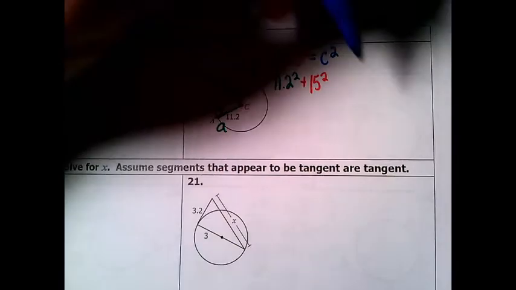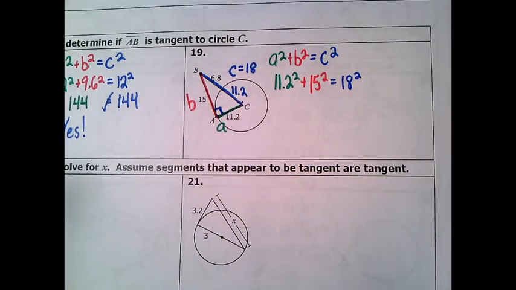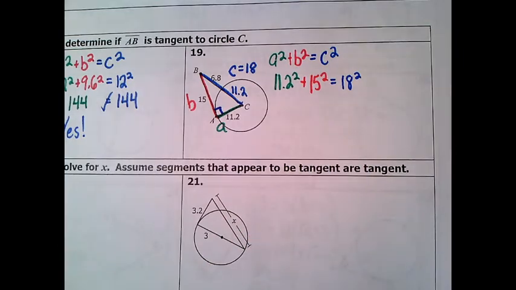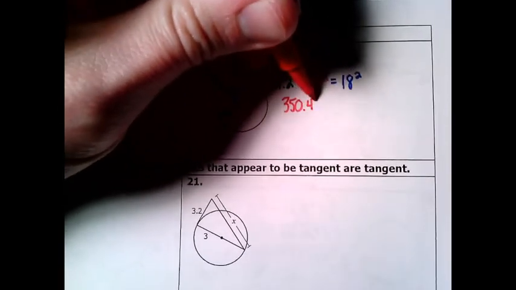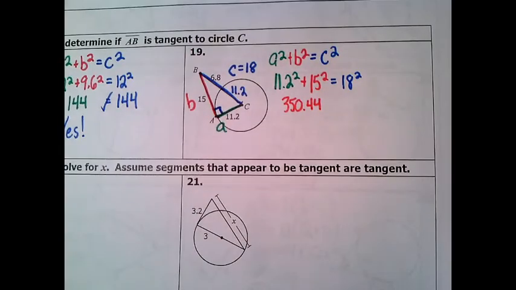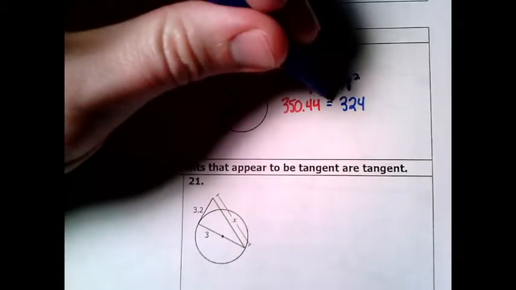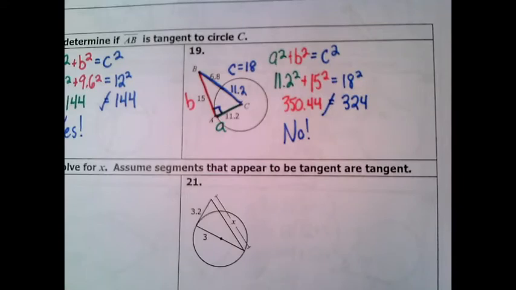Does that equal 18 squared? Oh gosh, it's a mystery. I don't know. When I square these and add them, it gives me a total of 350.44. And this side is 324. So they are not equal. So that is not a tangent, even though it looks like it. So it's a big no.